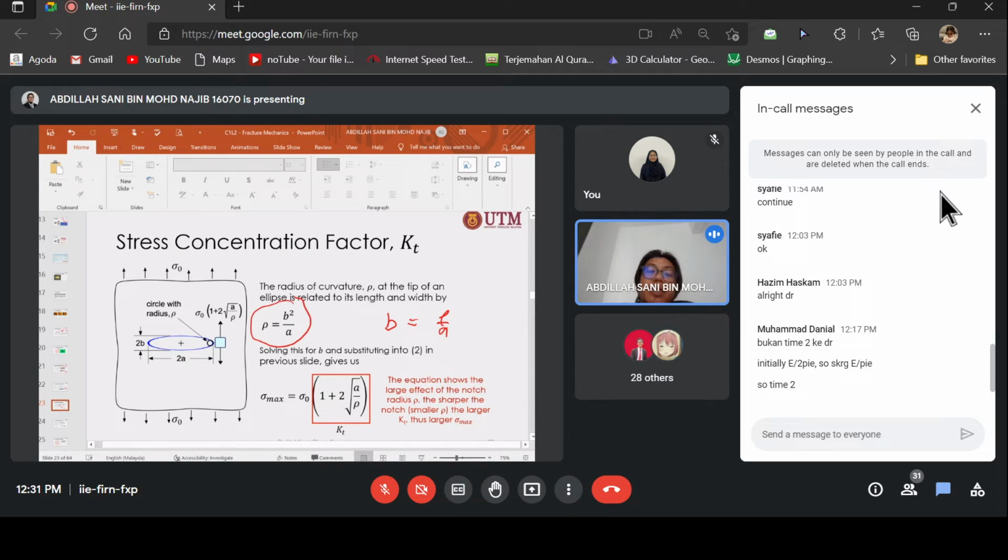The equation shows the large effect of notch radius. Why?